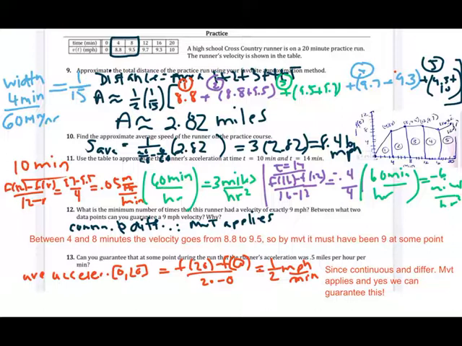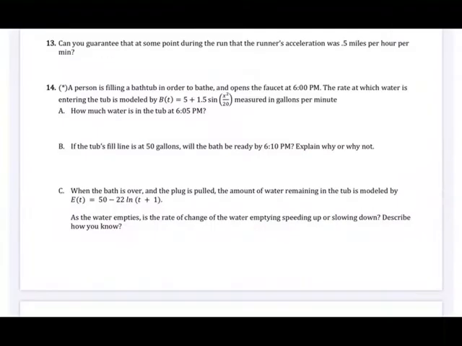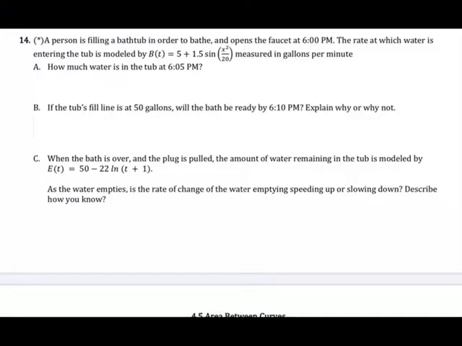There's one last problem, and I really encourage you to pause the video and work through it on your own. I will point out that this problem specifically has a little asterisk, which is my way of telling you you should be using a calculator to do this derivative and integration work that arises. A person is filling a bathtub in order to bathe and opens the faucet at 6 p.m. The rate at which the water is entering the tub is modeled by this function B of t, measured in gallons per minute.